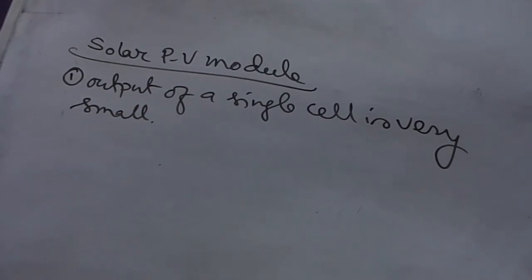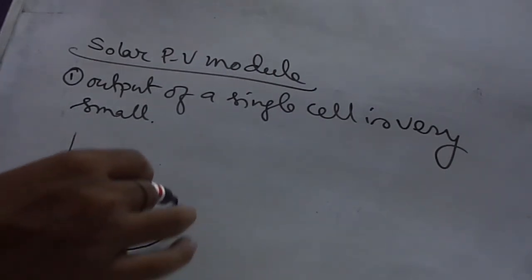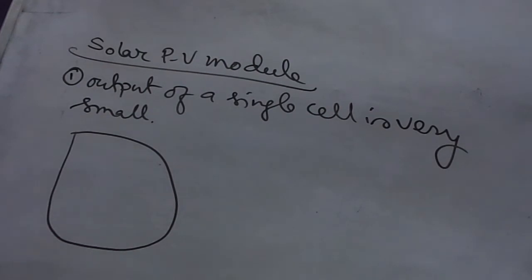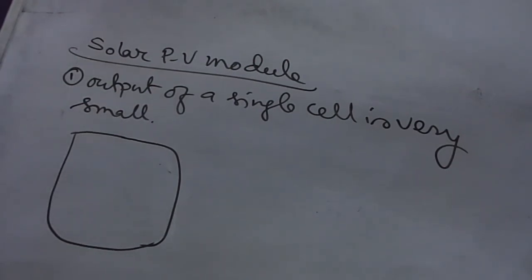There are two types of cells. One is the single crystal cell, with a structure like this one.